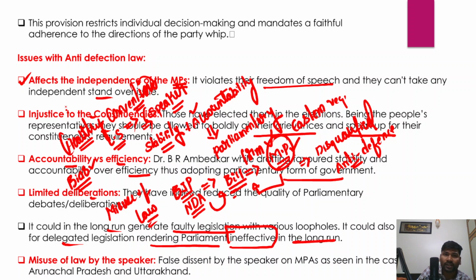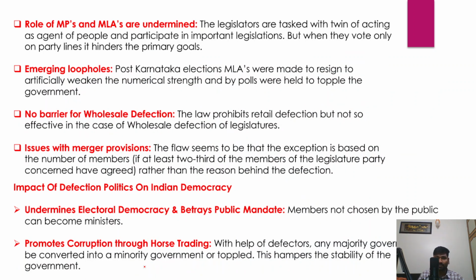So in this context, we cannot say that the functioning of the Speaker is impartial or non-biased. There are instances where the Speaker performed his duties in a biased manner in favor of the government. Therefore, misuse of the law by the Speaker is also very often in the news.